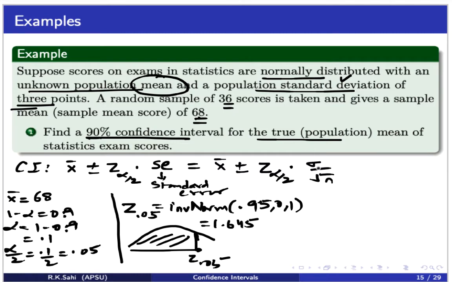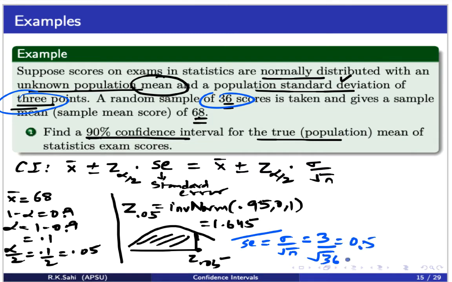What is sigma over square root n? That's the standard error. So let's write down the standard error, which is sigma over square root n. And sigma is given to be, what is it? Population standard deviation of 3 points. And sample size 36, square root 36, which is 3 over square root 36, 0.5.